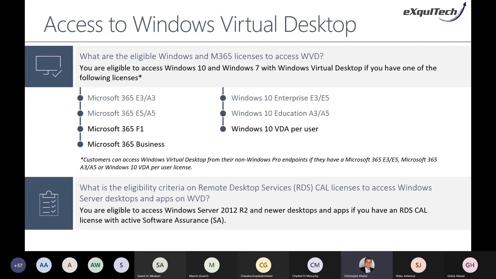Now, from a licensing perspective, in case you have Microsoft 365 E3, E5, or for education, the academic licenses A3, A5, and Microsoft 365 Business Premium, which I guess most companies, especially SMBs, are now going to, you are eligible to use WVD by only paying for the resources that you will have on Azure. So the only thing you need to do is enable the resources, implement one server, two servers, whatever you want on Azure, and then you will be able to use those licenses to access.